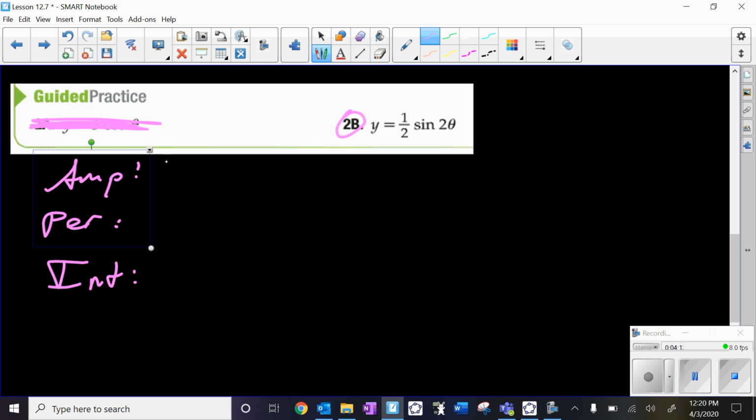Our amplitude this time, we're only going up to a half. For our period, we take 360 and we divide it by our b value, which is 2, which in this case is 180. For our intercepts, we take 180 and we divide it by 2, or multiply it by a half. So we would have 90 degrees.